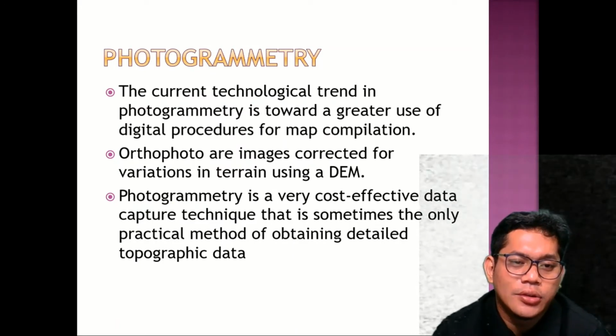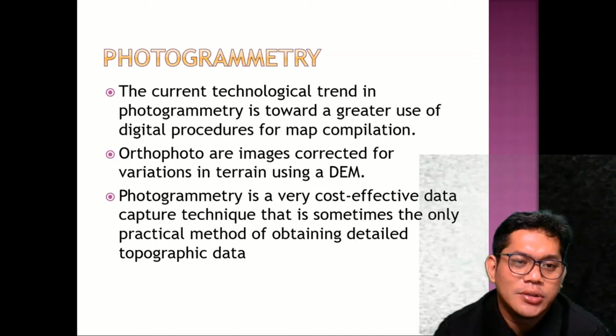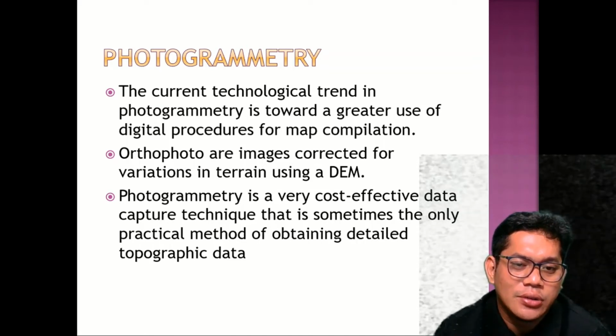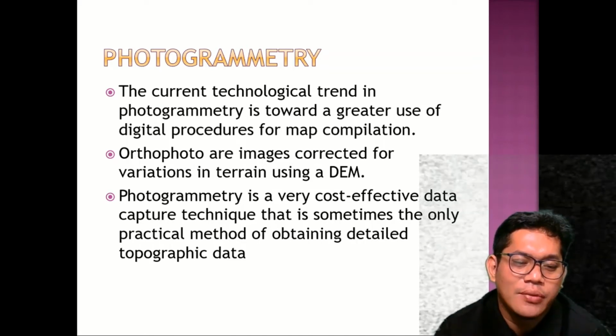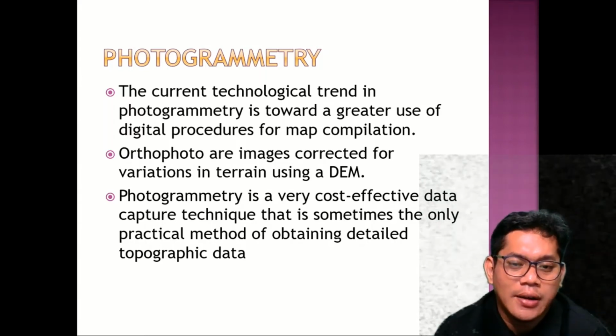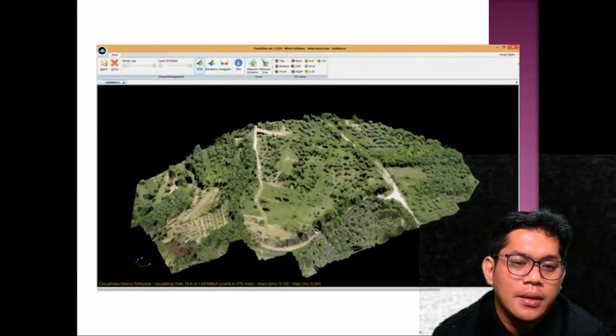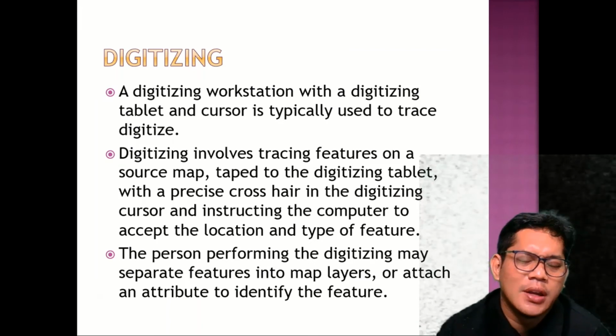Those photos will be auto corrected to create an orthophoto, and from this photogrammetry we can extract the DEM. However, the accuracy will be lower than LiDAR. And we can use a drone to produce it.